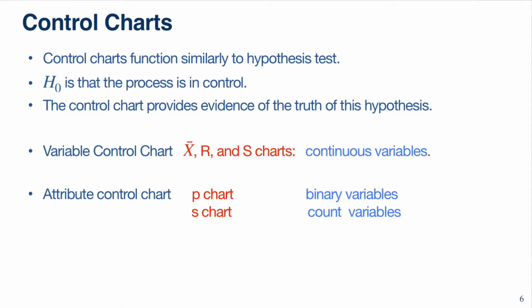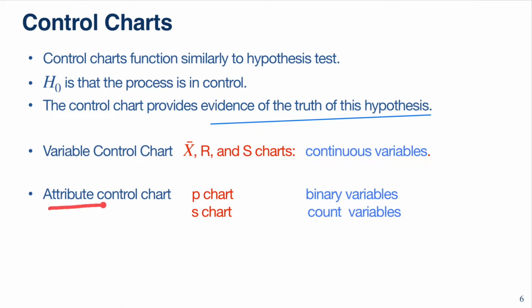So how do control charts work? Well, basically a control chart works similarly to a hypothesis test. H null is the hypothesis that the process is in control. The control chart provides evidence of the truth of this hypothesis. For variable control charts, we have the x-bar chart, the range chart, and the S chart for continuous variables.